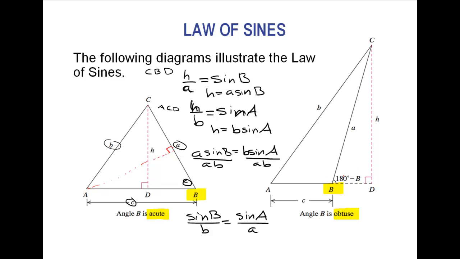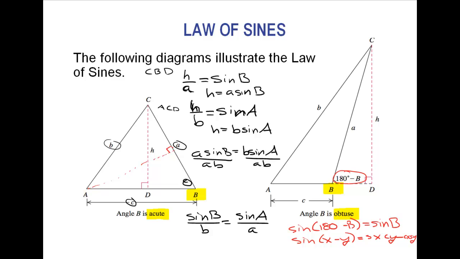It's just there's one step that when we're dealing with this angle, we have to realize that sine of 180 minus b is equal to just sine of b, and that comes from sine of x minus y equaling sine x cosine y minus cosine x sine y.